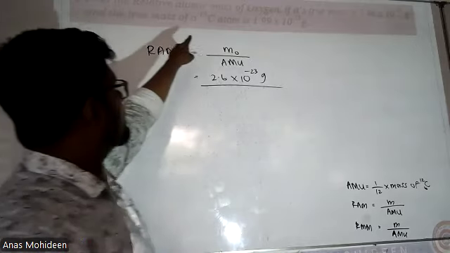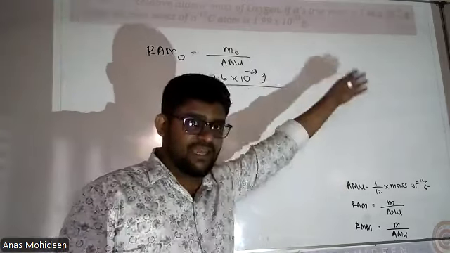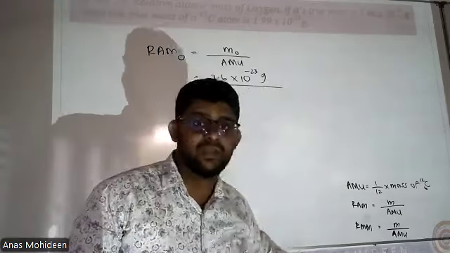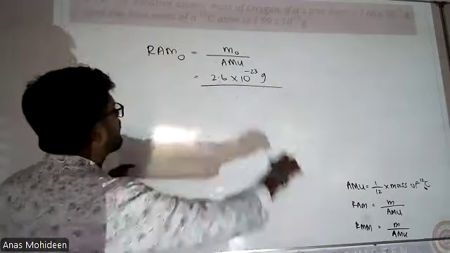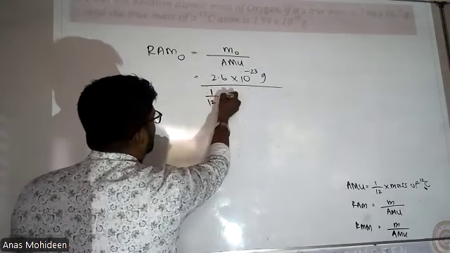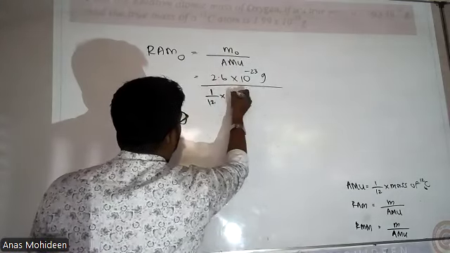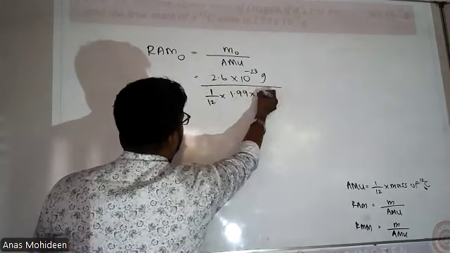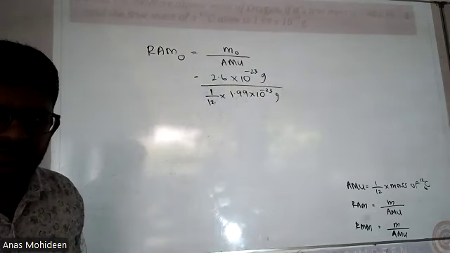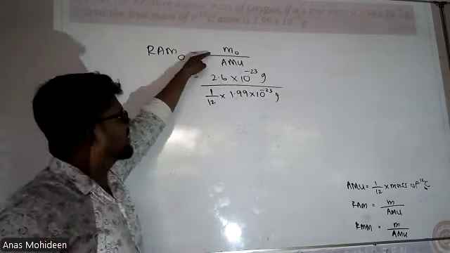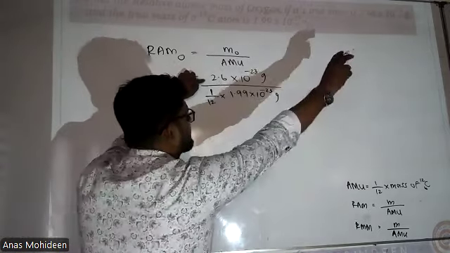Can you see the true mass of carbon-12 is given, right? That means the full cake is given. If the full cake is given, what am I supposed to do? We have to divide by 12. So I'm writing the AMU as 1/12 into 1.99 into 10 to the power minus 23. Got it? What is the real mass of oxygen given?